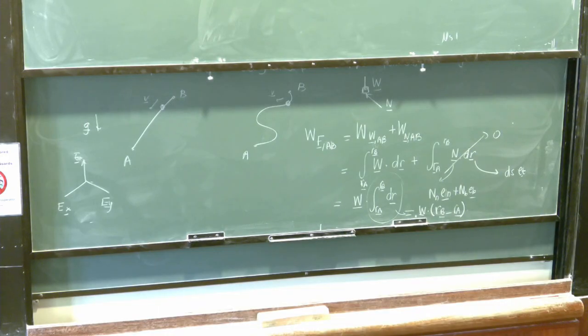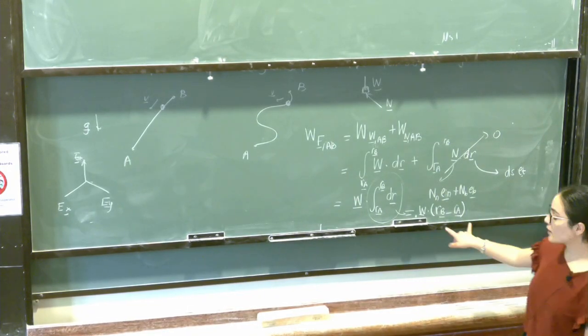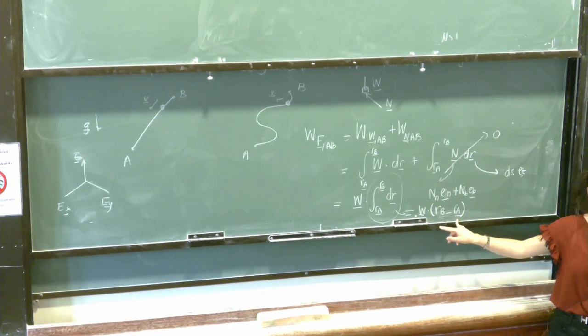As long as RB minus RA is the same, right? This vector RB minus RA is which vector? If I want to draw it on the figure, it goes from where to where? From A to B, exactly.